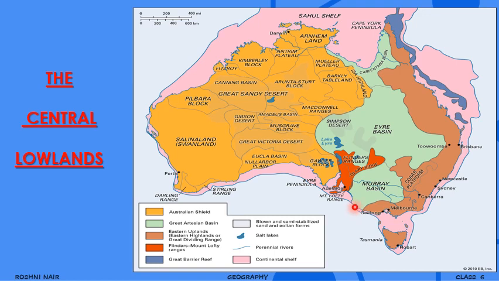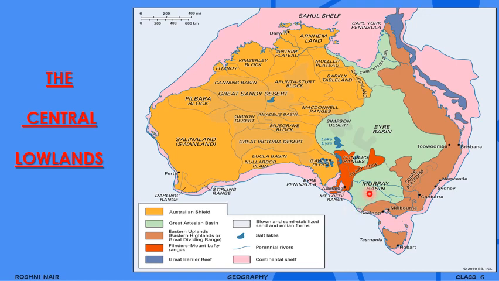These central lowlands extend from Gulf of Carpentaria in the north to Encounter Bay in the south, forming the world's largest artesian basin.